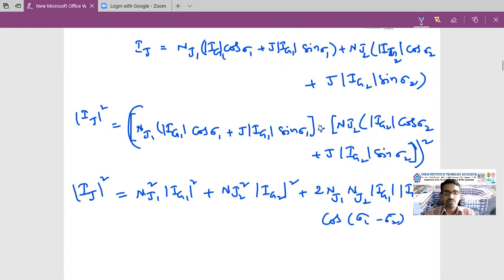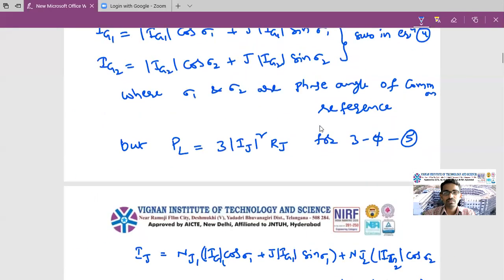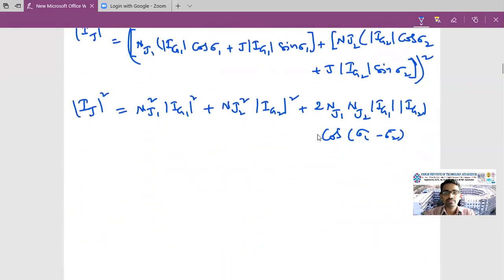This is how you get it: if you square each term, cos square theta plus sin square theta gives 1, here also cos square theta plus sin square theta gives 1, and then the cross term gives the cos a minus b formula. Let us consider this as equation number 6. So this is your Ij square.